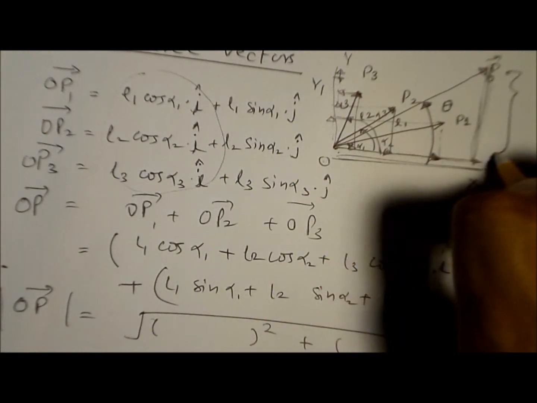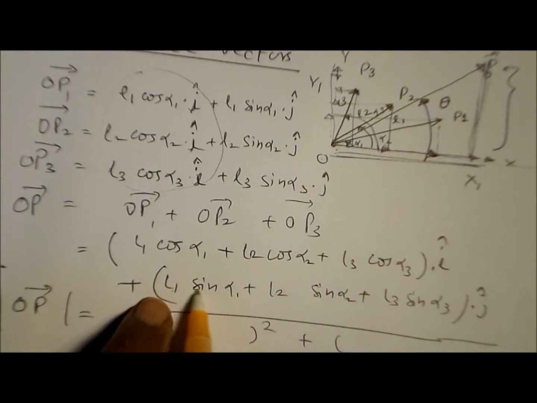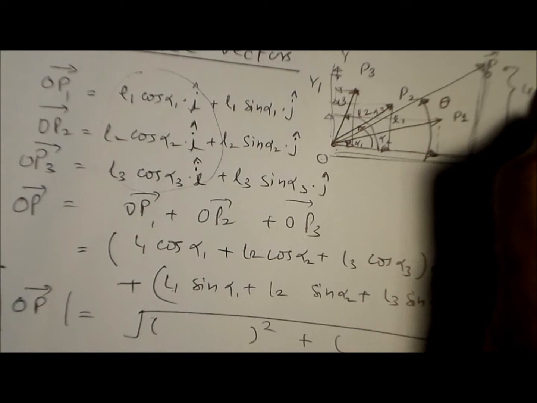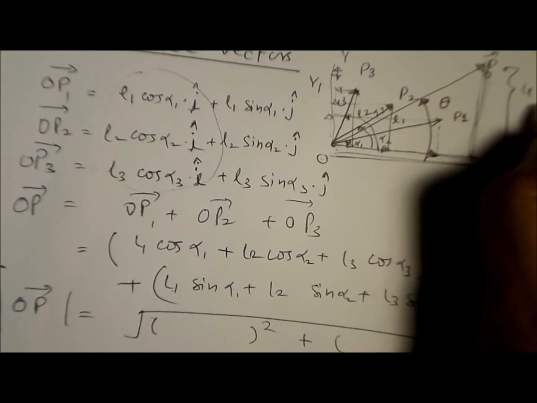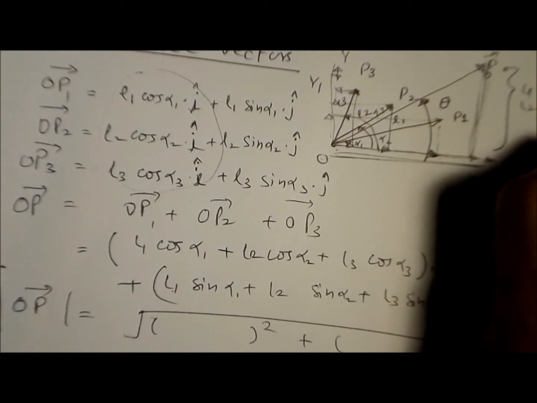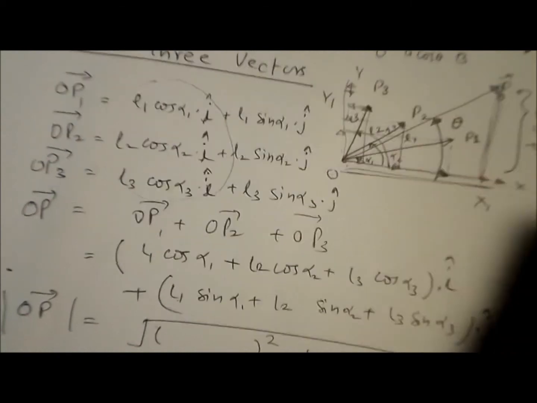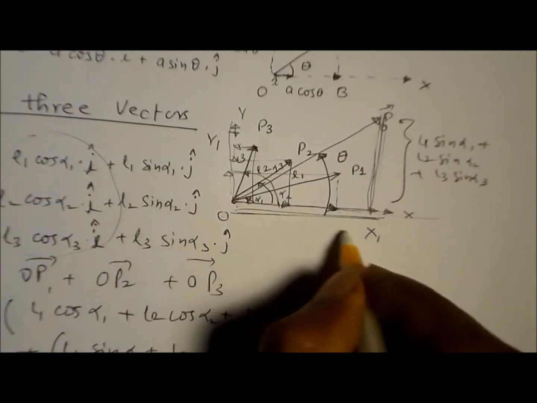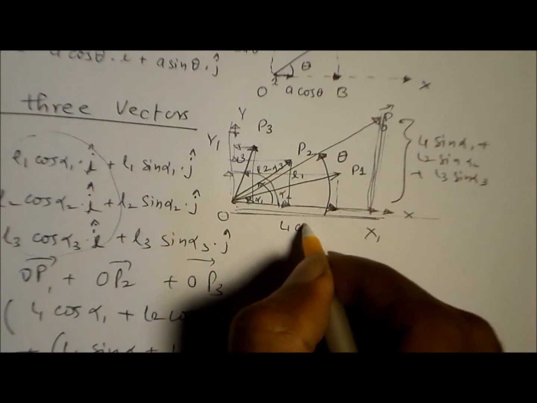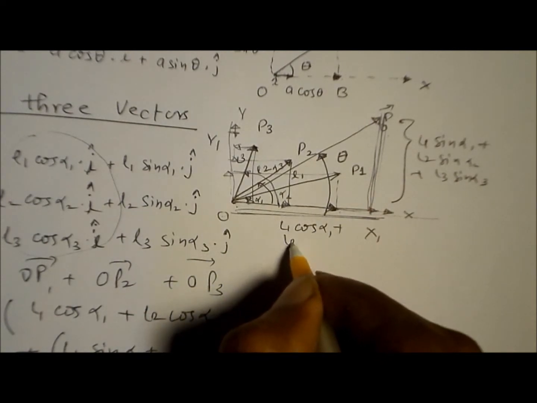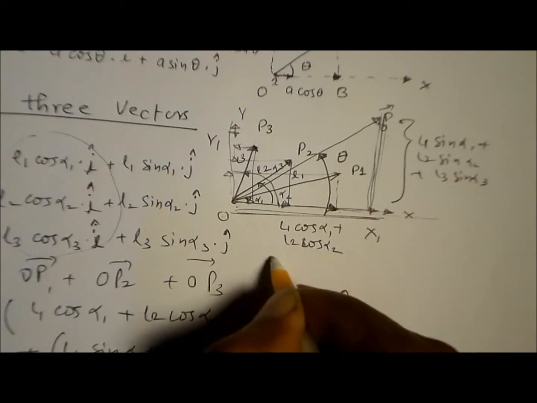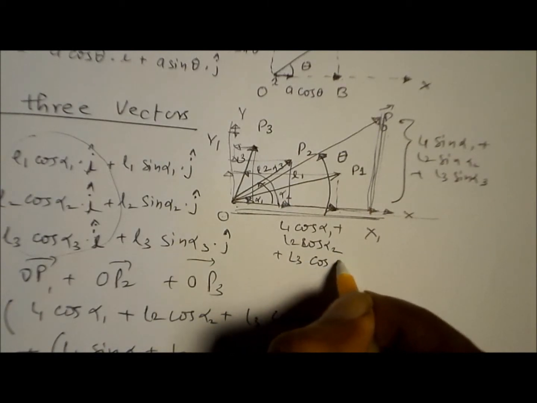Then this magnitude we know is L1 sin alpha 1 plus L2 sin alpha 2 plus L3 sin alpha 3. I write it down quickly. And I write down this magnitude quickly as L1 cos alpha 1 plus L2 cos alpha 2 plus L3 cos alpha 3.